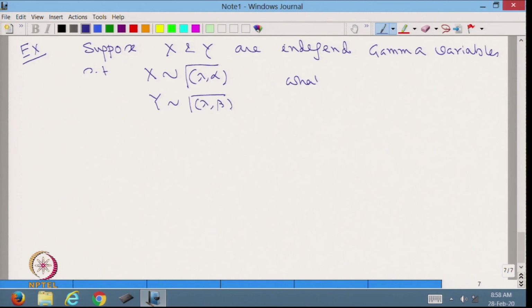What is the PDF of u is equal to x by y? So, that is the question.